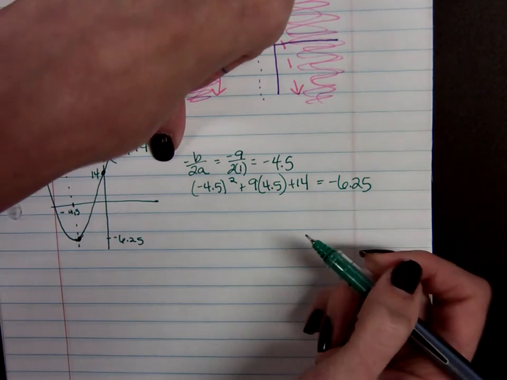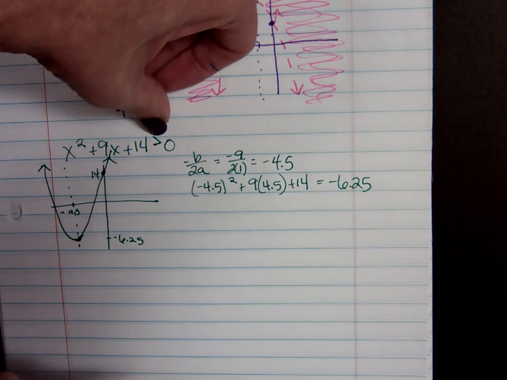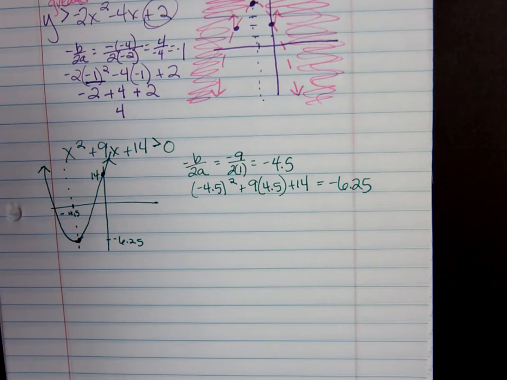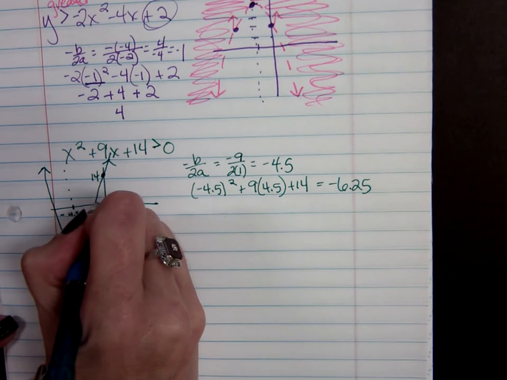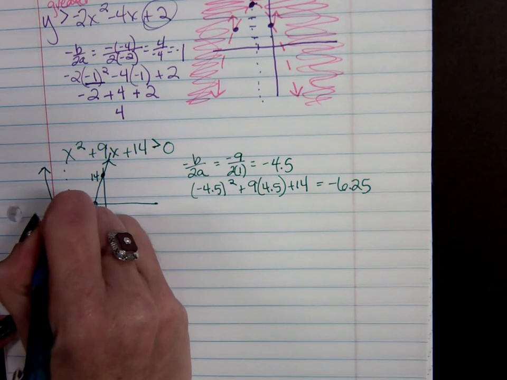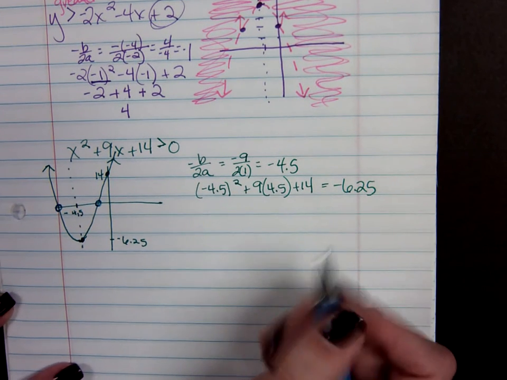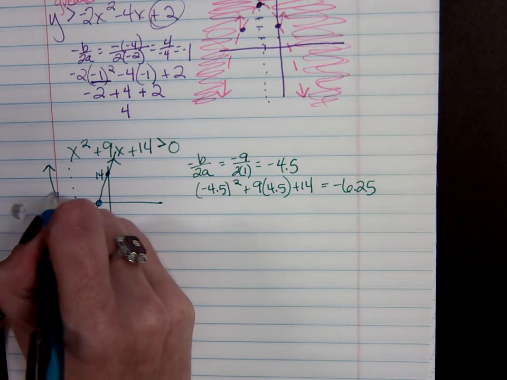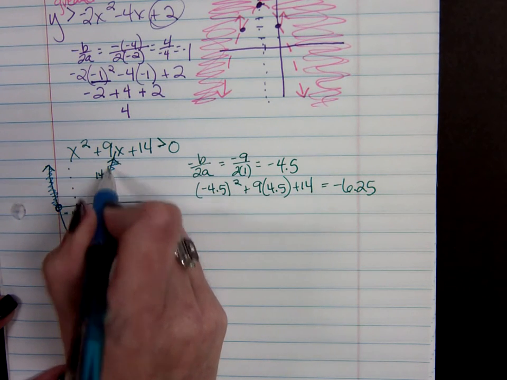And now what we're interested in is the places on here where it's greater than 0. So I'm going to go through, and first we want to point out that, hey, right here and right here, it equals 0. So I'm interested in these top parts of the parabola as they move away through there.